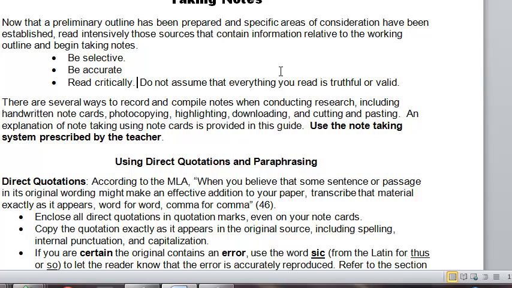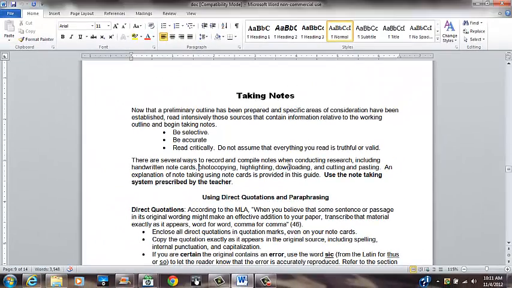Now, many of you have done some type of research project before in the past. This hopefully isn't the first time you've ever done a research-based project. And maybe in the past you've used different methods for taking notes, like the handwritten note card method that we're going to use. But in addition, maybe you've done photocopying, highlighting, downloading material from the internet, cutting and pasting off of the web into Word documents, those sorts of things.